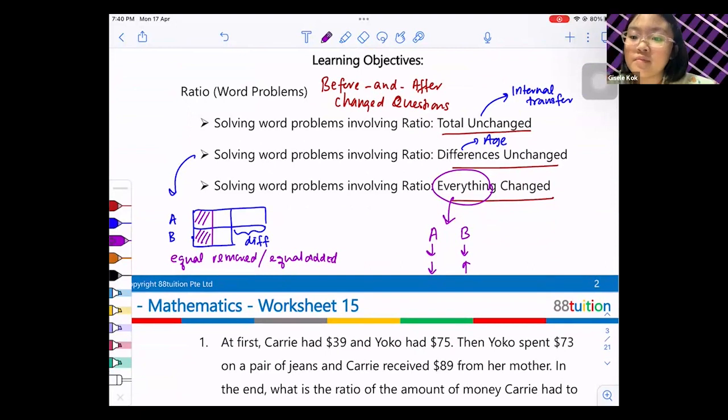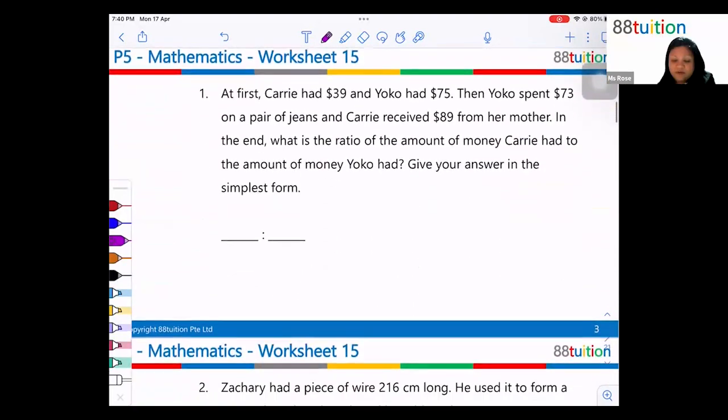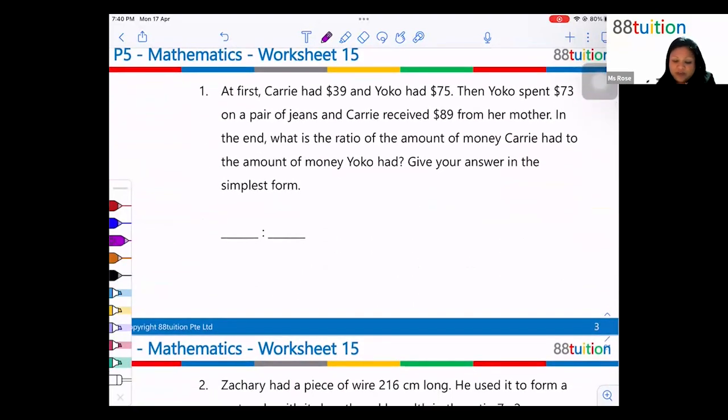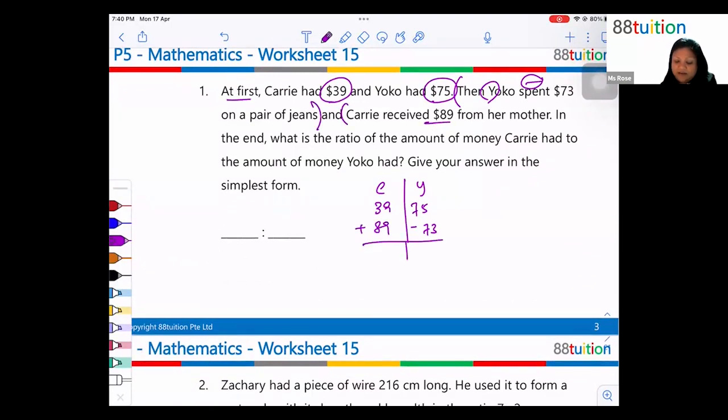Done. Okay, so let's look at the first, very quickly, the ratio question. At first, Carrie had $39 and Yoke had $75. Then what happened? Yoke spent $73 on a pair of jeans and Carrie received $89.